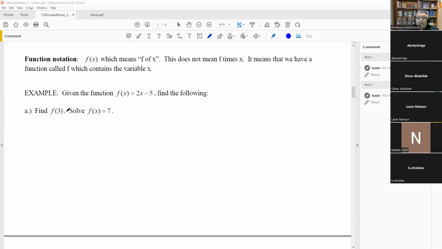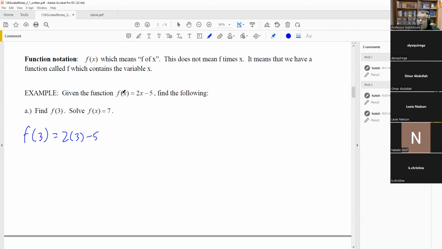If you have something like this, whatever you see inside the parentheses goes in for the x that you have here. So if I want to find f of 3, this means that I'm going to take this x here and replace it with a 3, and I have minus 5.